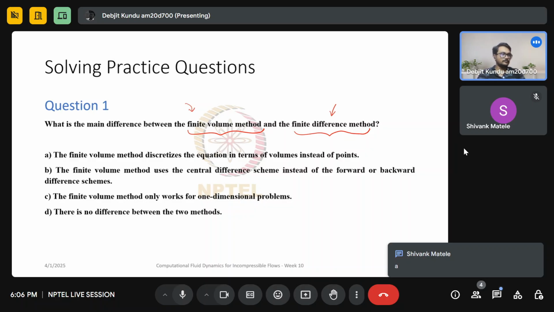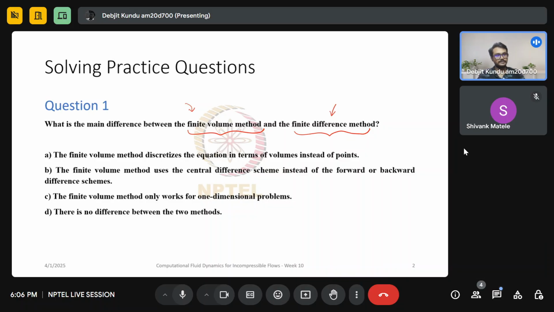So the four options: option A, the finite volume method discretizes the equation in terms of volumes instead of points. Option B says the finite volume method uses central difference scheme instead of the forward or backward difference schemes. Option C says the finite volume method only works for one-dimensional problems. And statement D says that there is no difference between the two methods.